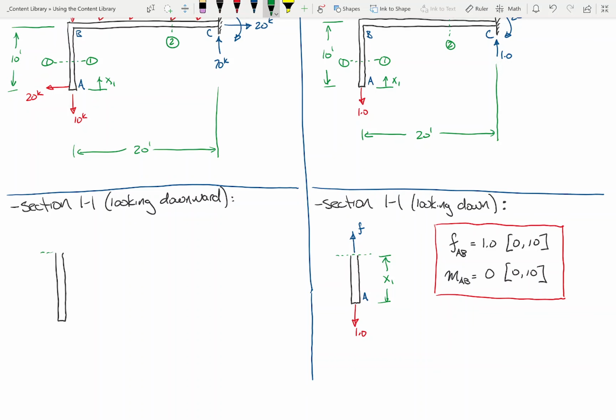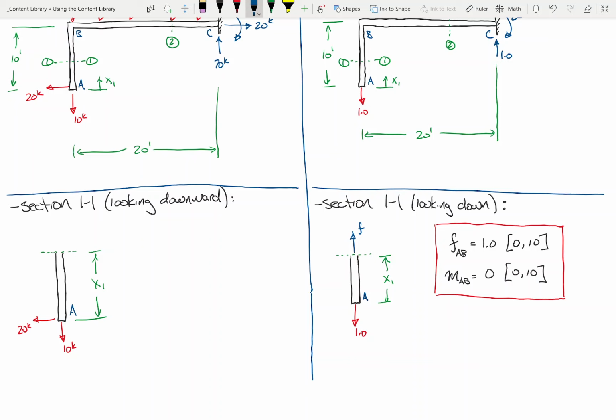Here's my section cut. What do I have here? I've got a 10 kip load, a 20 kip load, right? This dimension here, we're going to call that x1. Same idea as we have over there. That's our free body, right?